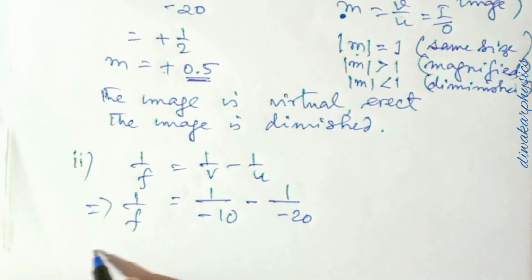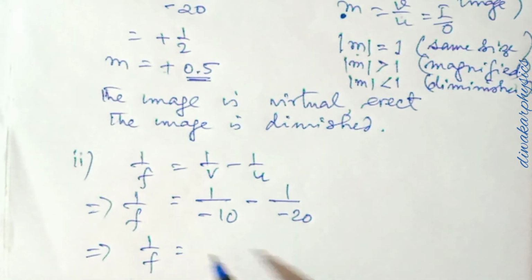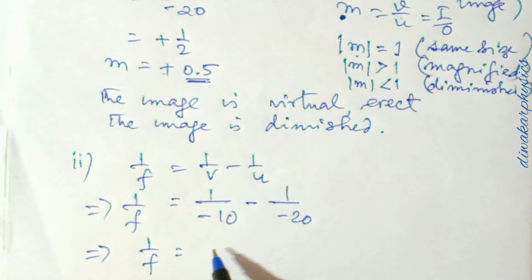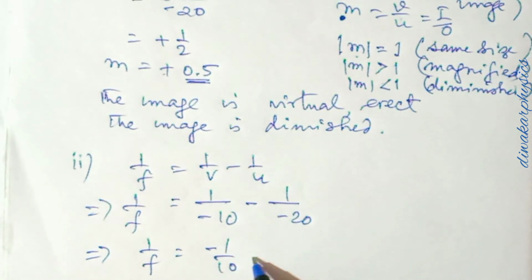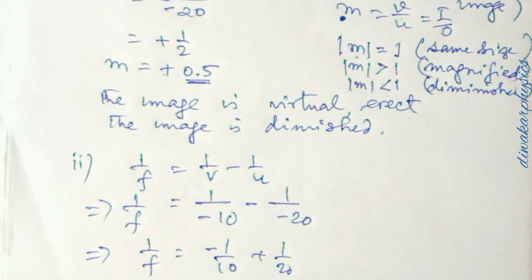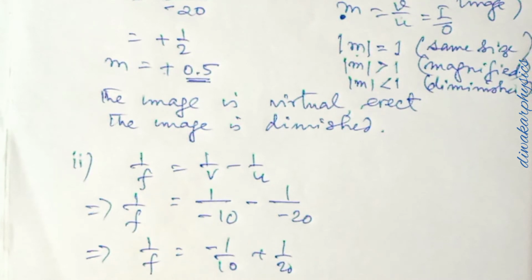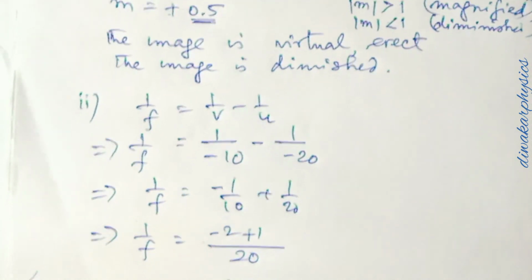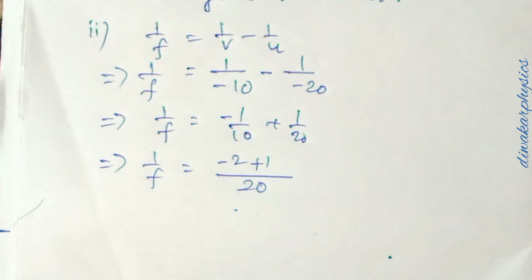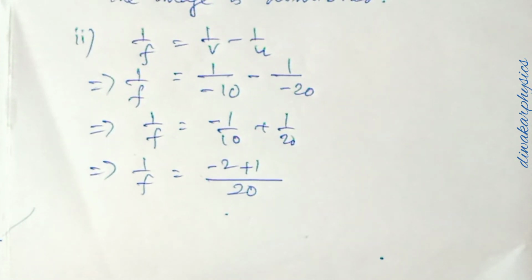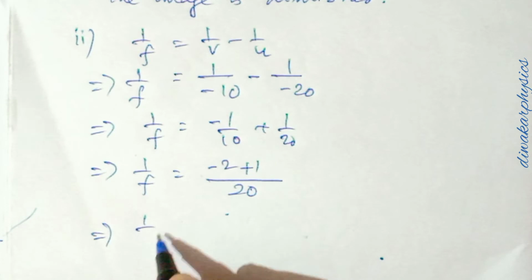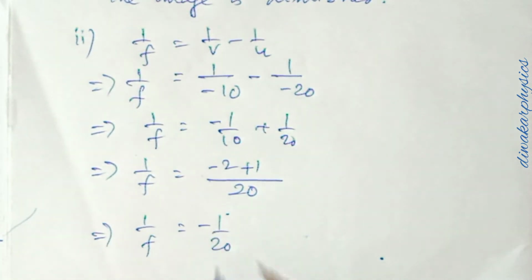Okay, then we'll proceed. What I told in the previous question, remove this sign from the denominator. Then I will write 1 by 10 plus 1 by 20. Then 1 by f is equal to, take LCM, and solve. 1 by f is equal to minus 1 by 20.